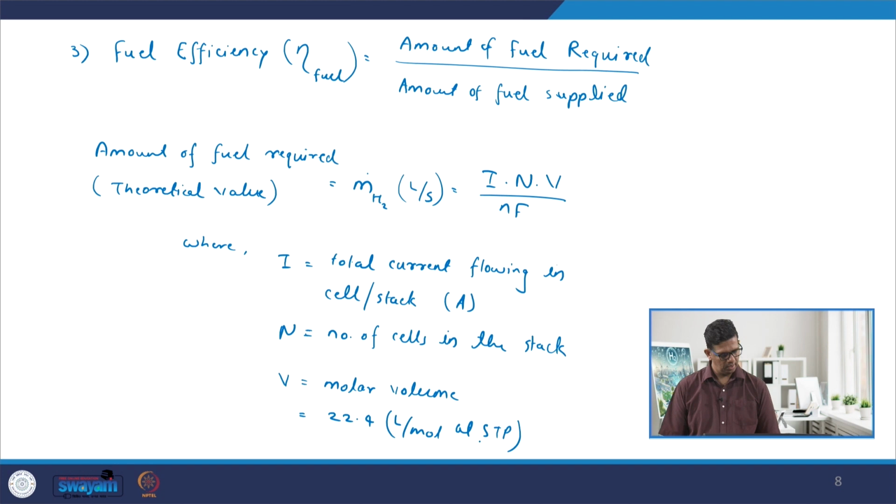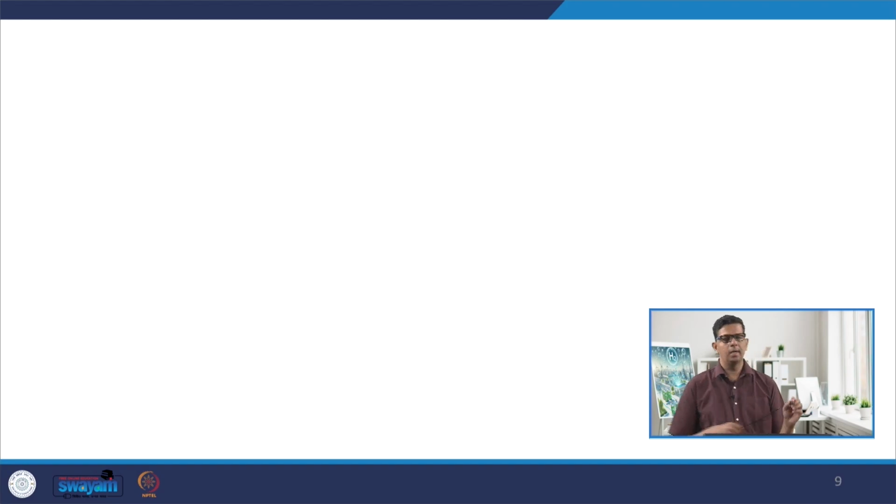Any gaseous product will have a volume of 22.4 liters if it is contained at STP, and N and F are already known. So, let us first find out the unit, whether we get the flow rate of hydrogen in liters per second. So, m dot H2 is I n V by N F.